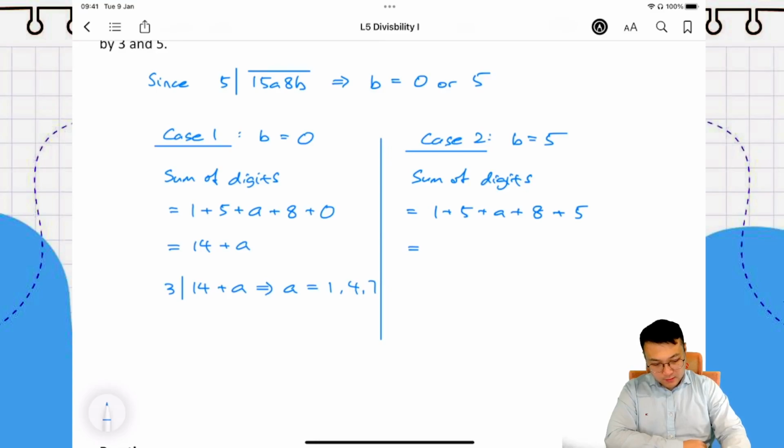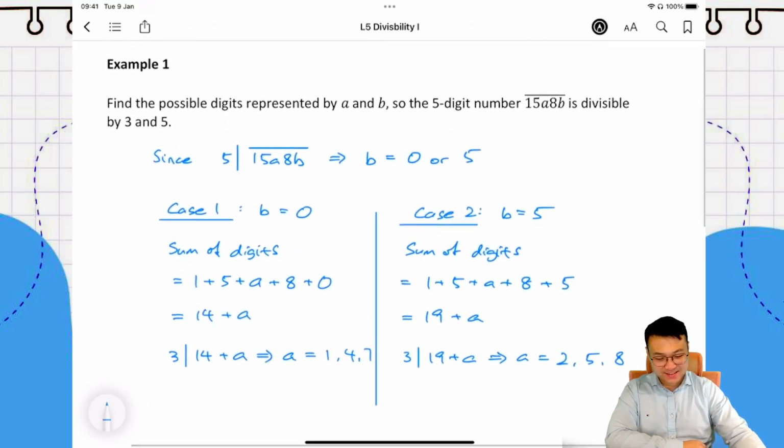You get 19 plus A. So in order to make sure it's divisible by 3, we need to make sure that 3 can divide 19 plus A, and that means that A equals we can have 2, 5, 8, 11. No, very good. So it's only 2, 5, or 8, right? Well done, En. Well done.